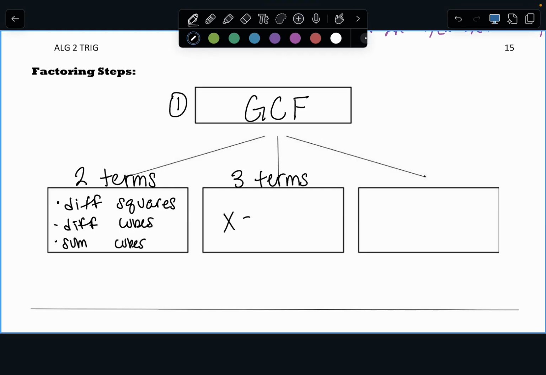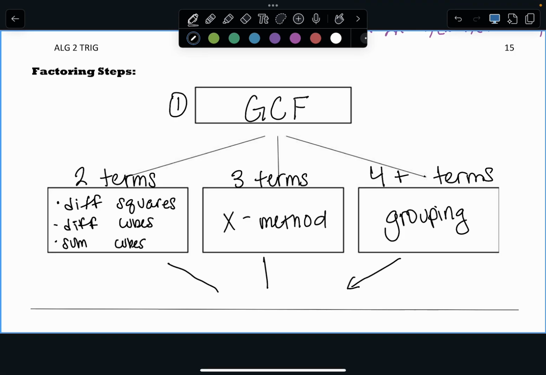Yeah, we do the X method. Maybe with some regrouping in there and some rewriting that middle term, but we do the X method. And then what we did today, if we have 4 or more terms, so 4 plus terms, we factor by grouping. And then at the very, very end, after we finished each step of factoring, we have to check. Make sure everything is factored as much as it can be.